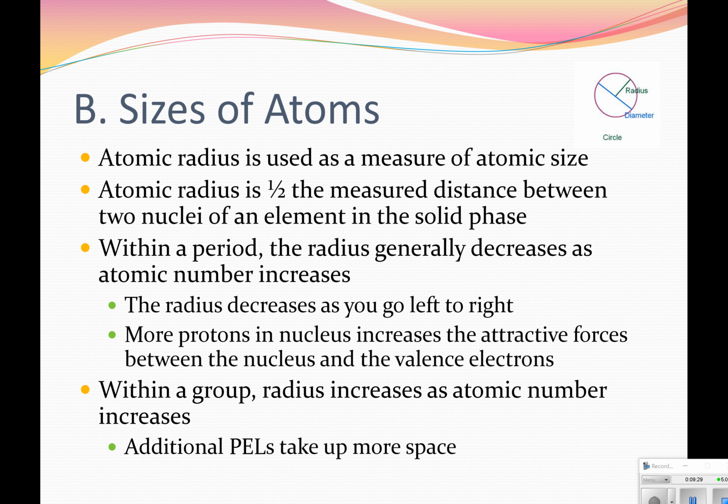Within the group, going from top to bottom, radius is generally going to increase as atomic number increases. And this is because as we go down the group, we go down 1 additional period, which means we have 1 additional principal energy level, and PELs take up more space.